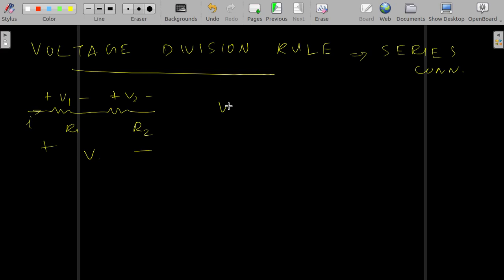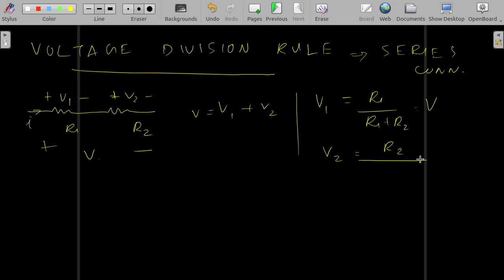Here V1 plus V2 equal to V, and V1 equal to R1 by R1 plus R2 into V, V2 equal to R2 by R1 plus R2 into V. That is, the total voltage is being divided into two, proportionate to the resistance.